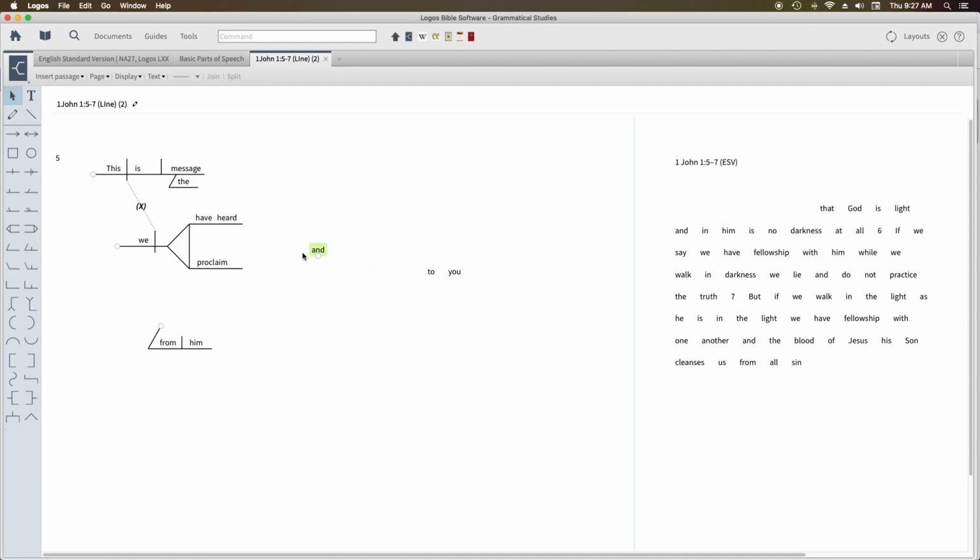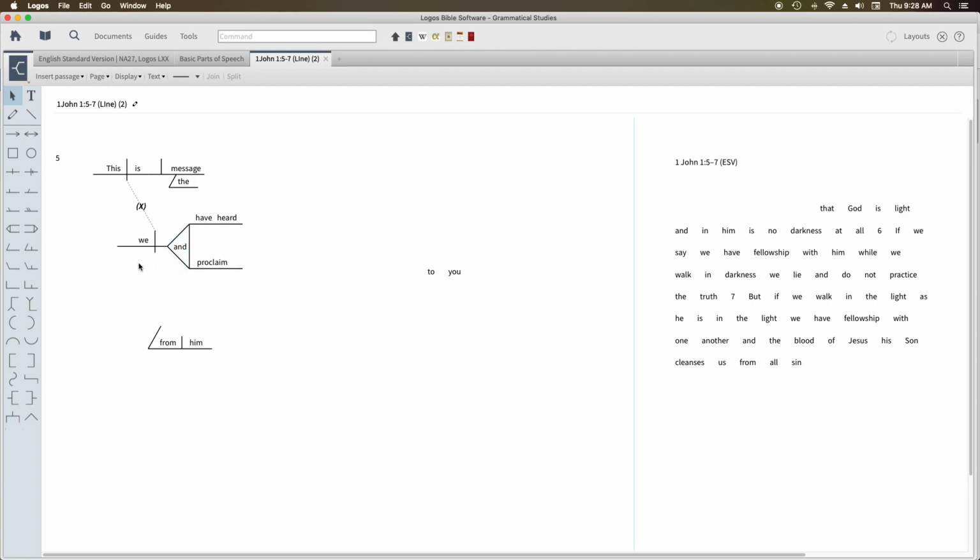Now the conjunction links these two verbs together. Now, you might be asking, isn't it coordinating?